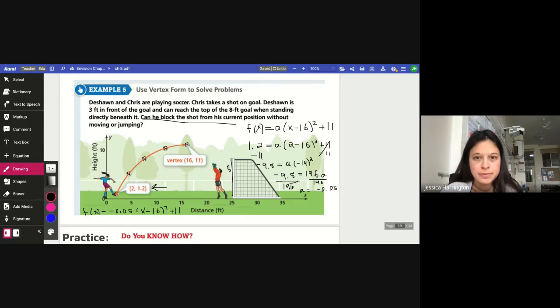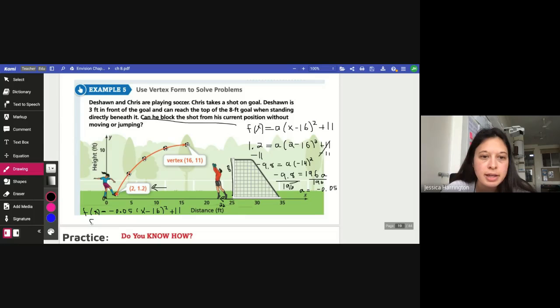He needs to be able to block 8 feet, so we're trying to wonder if there's a point where y equals 8. Where will he be when y equals 8? He is 3 feet in front of the goal. So the goal is 25 feet away, and if he's 3 feet in front of it, he's at 22. He's at x equals 22.